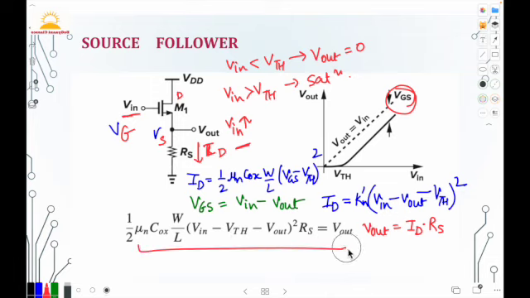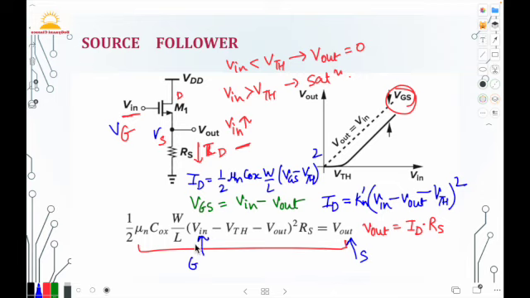So this is our Vout. Here you can see that Vout, the source potential, is following the input voltage, which is the gate potential. Therefore, the common drain stage is known as the source follower.